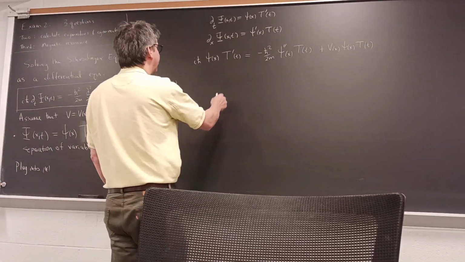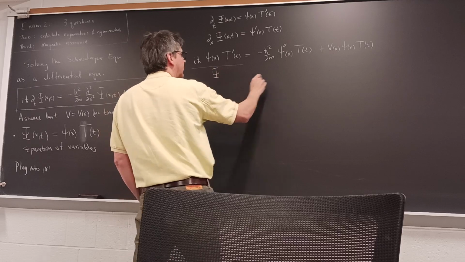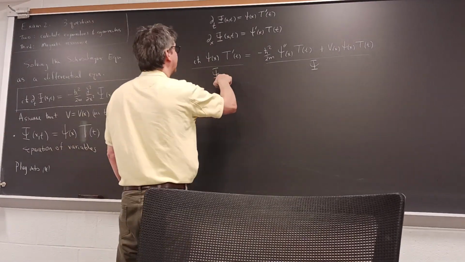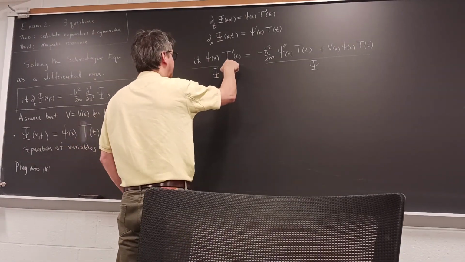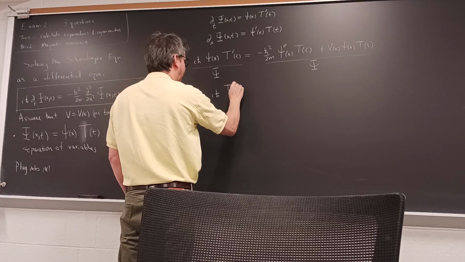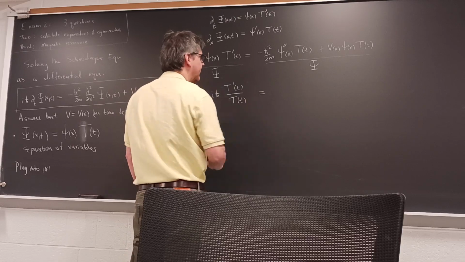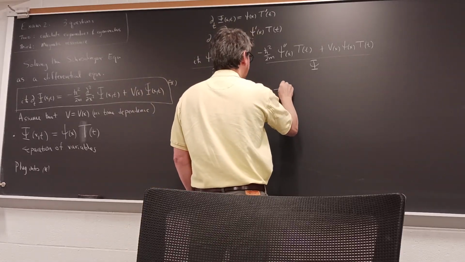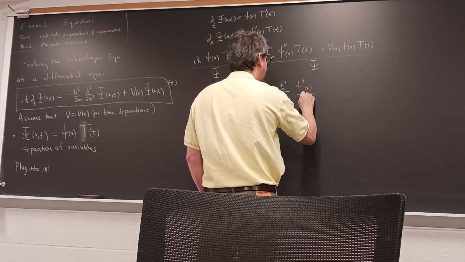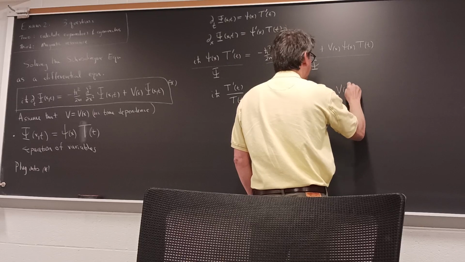Now let's divide both sides by capital Psi, which is just little psi times capital T. On the left-hand side, I'll be left with i h bar T prime of t over T. And this has to equal minus h bar squared over 2m times little psi double prime over psi, plus v of x.